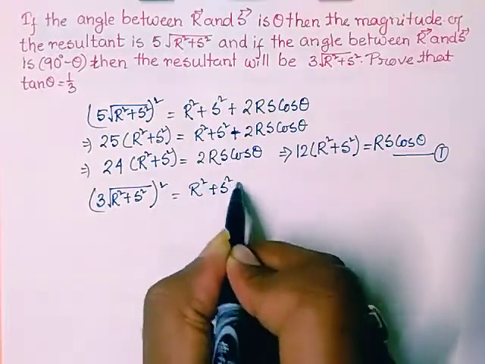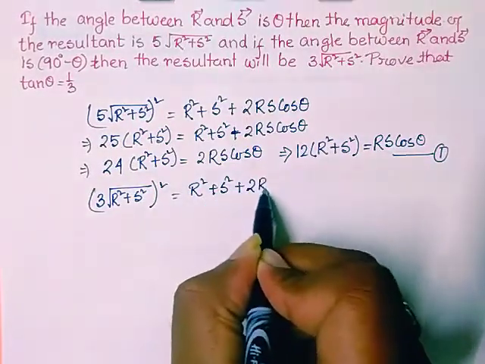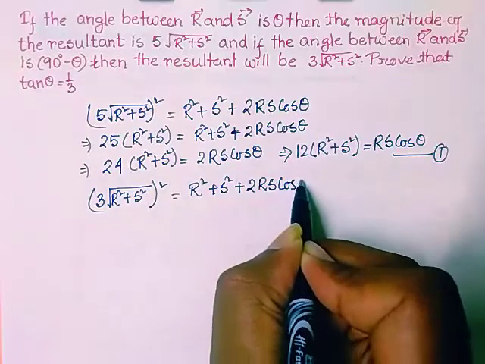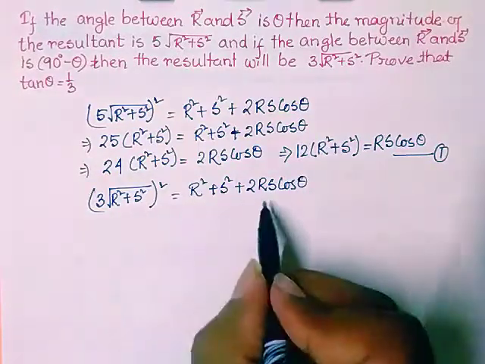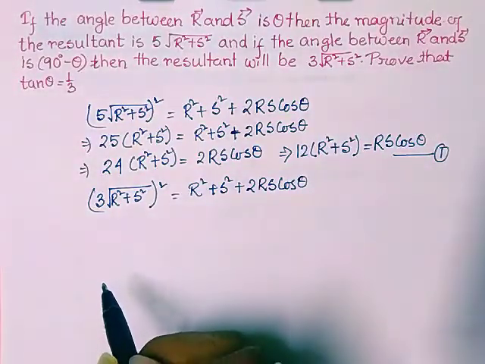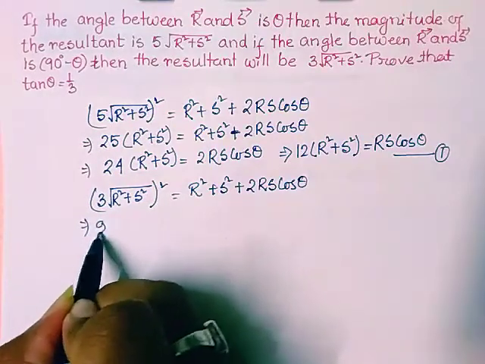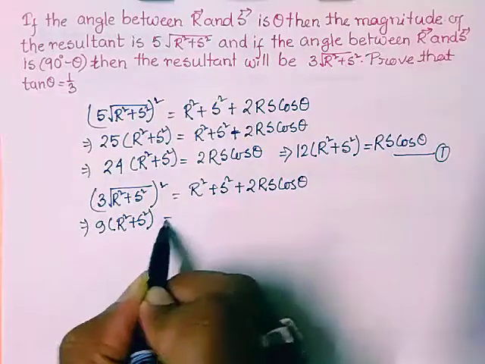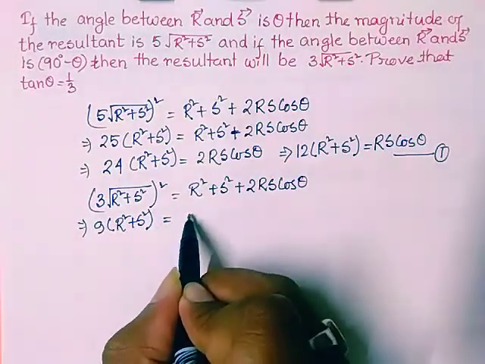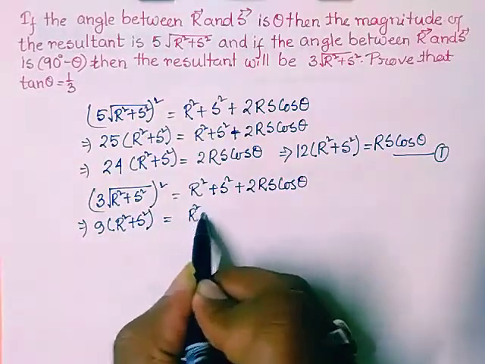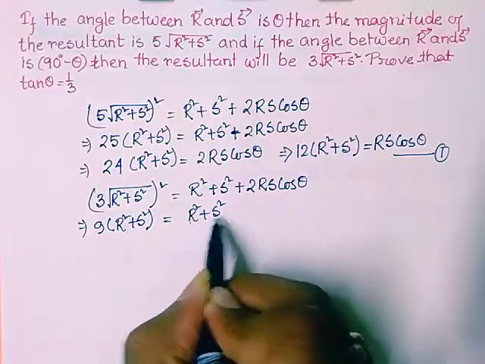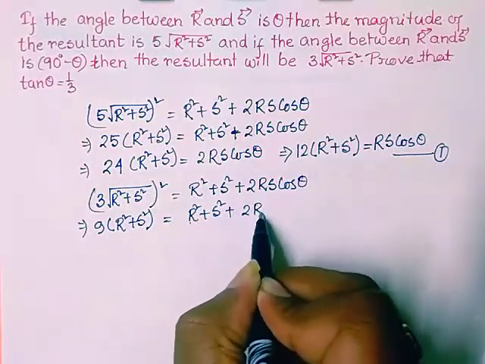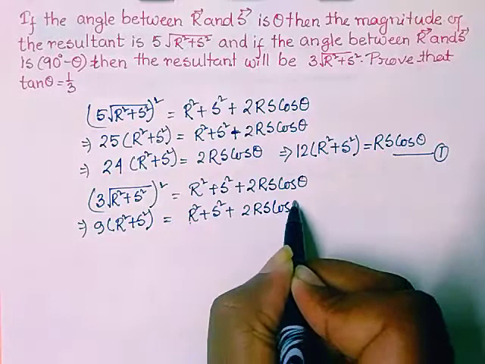So we can write this thing, that is C square equal to A square plus B square plus 2AB cos theta. Okay, so this becomes 9 into R square plus S square equal to R square plus S square plus 2RS cos theta.